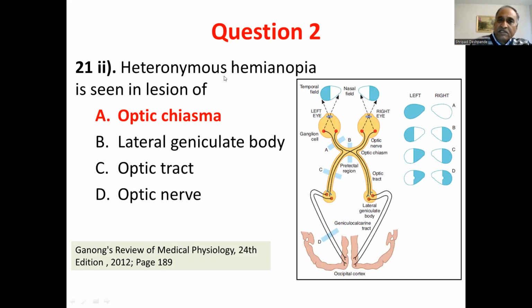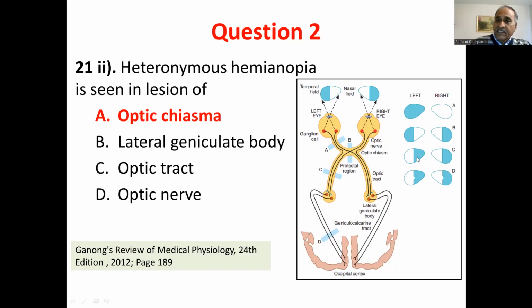Now, heteronymous means two in different sites. An optic nerve lesion gives total anopia, the total loss on the left side. Then in the optic chiasma you have a bitemporal hemianopia, also known as a heteronymous hemianopia.